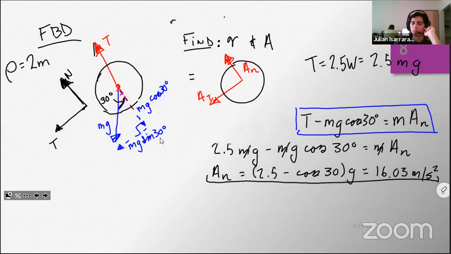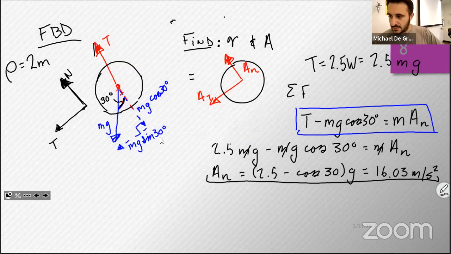So we started with the sum of the forces in the normal is equal to mass times the normal acceleration. Then we went down and we summed our forces. So we have tension positive. The normal component of the weight is negative, and that's equal to my mass times my normal acceleration.